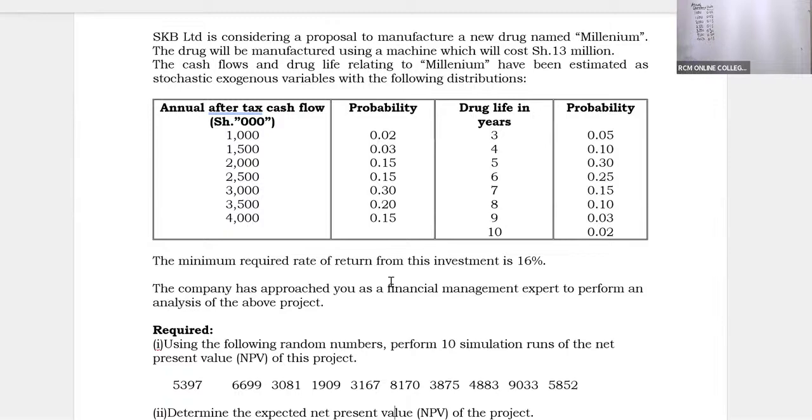So we have our probabilities. You see, I've got two sets of probabilities there: I have annual cash flows and I have drug life.